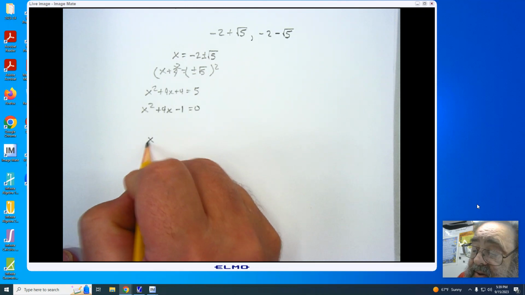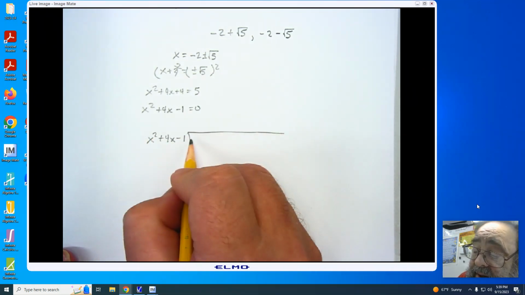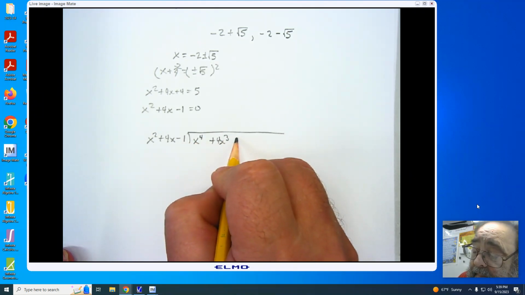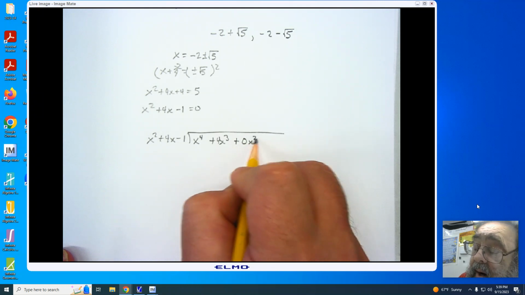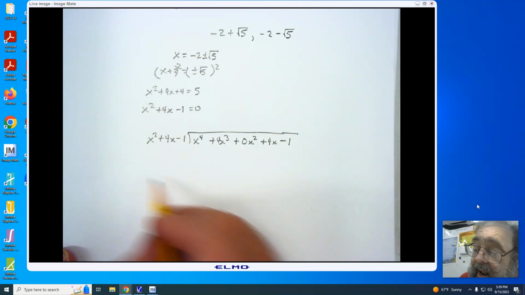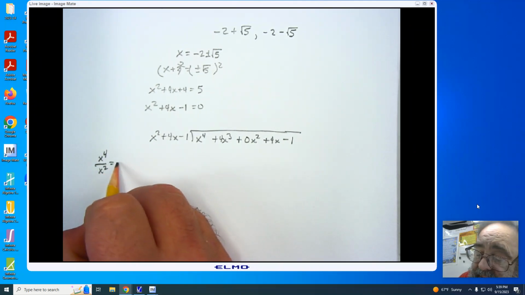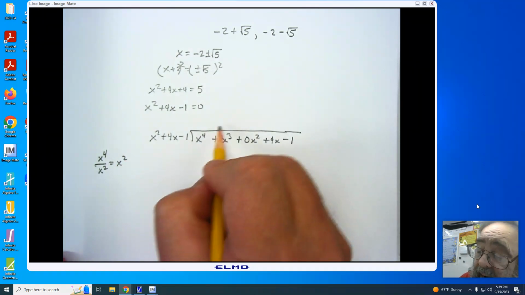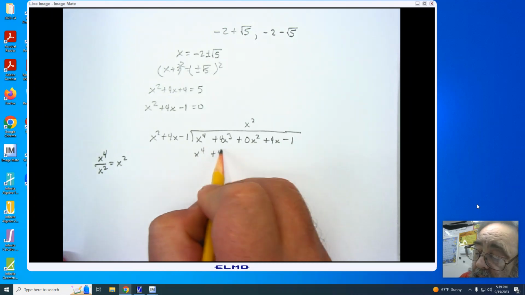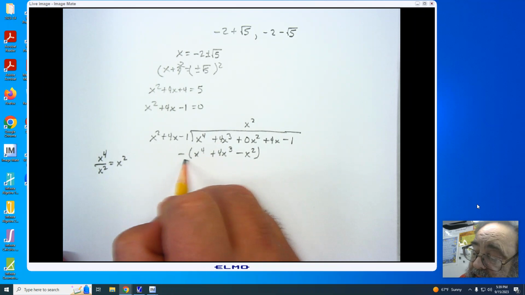We now take x squared plus 4x minus 1, and we divide it into x to the fourth plus 4x cubed, and I'm going to put a placekeeper, 0x squared plus 4x minus 1. I'm now going to take the first inside piece over the outside piece, x to the fourth over x squared, and I get x squared. Distributing, x to the fourth plus 4x cubed minus x squared, and I distribute the negative.